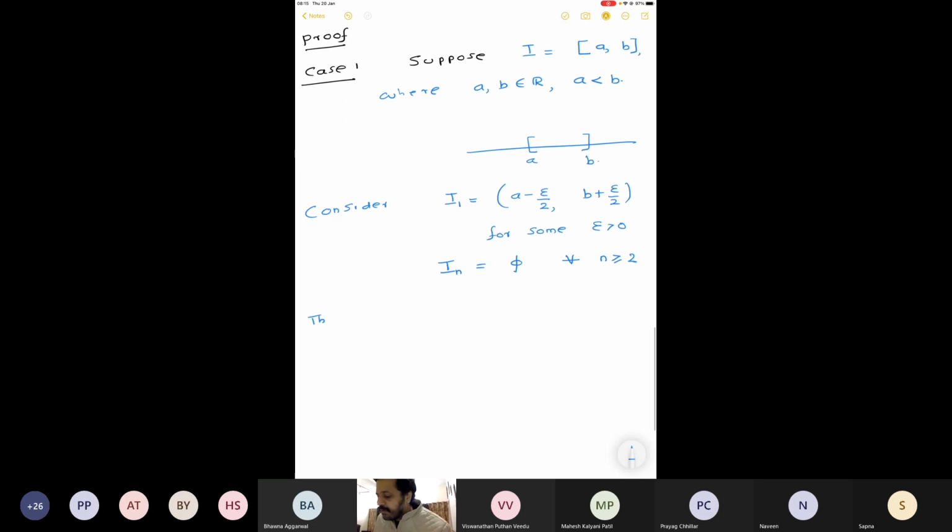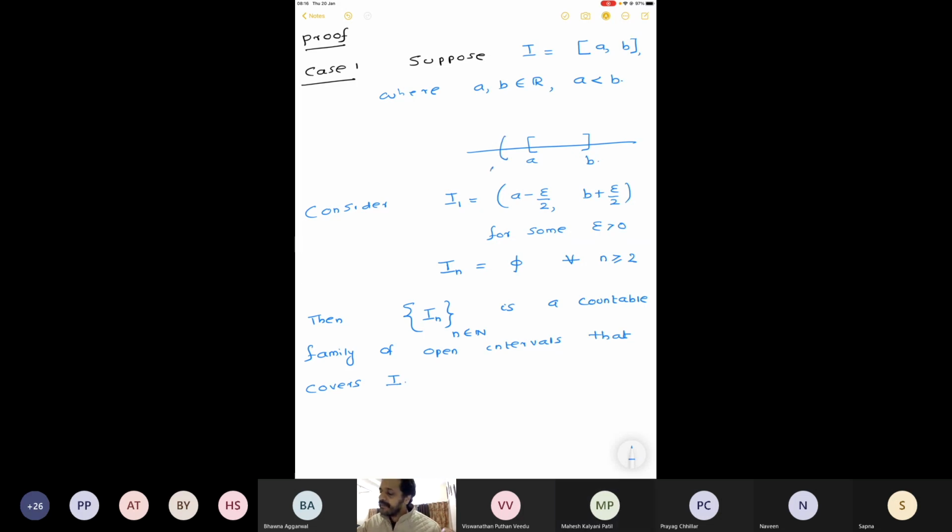Then the countable family In, n belonging to N, is a countable family of open intervals that covers I. Do you agree?